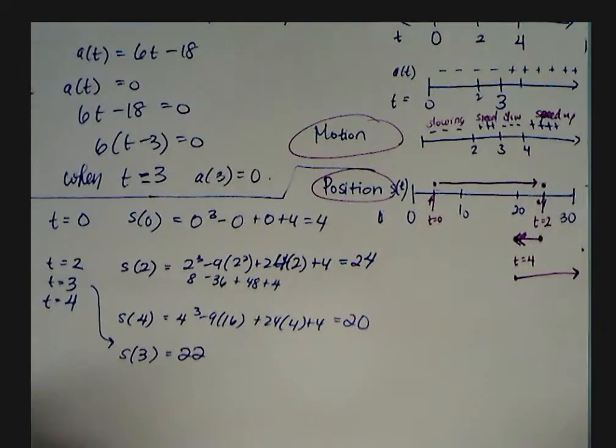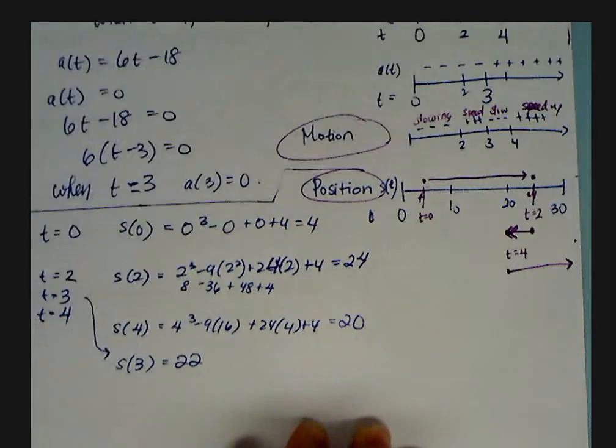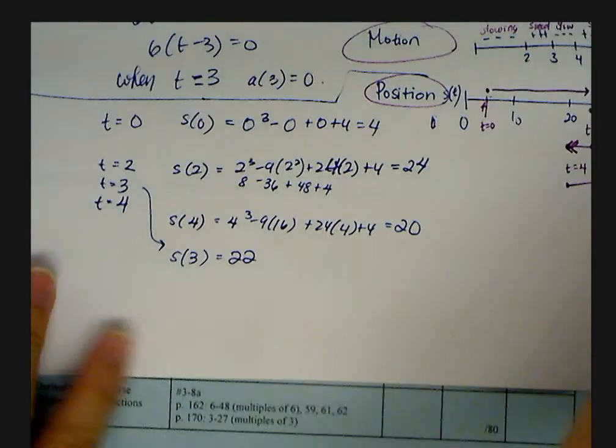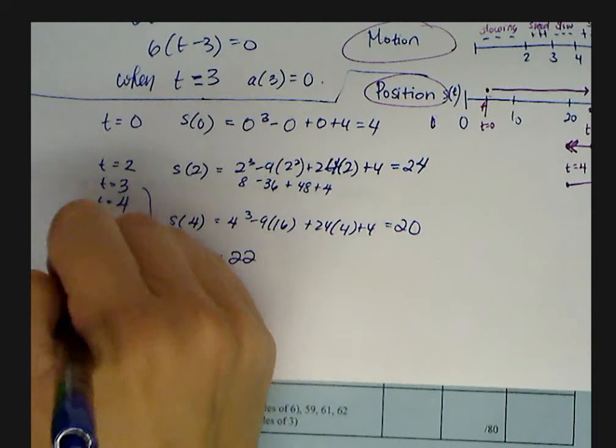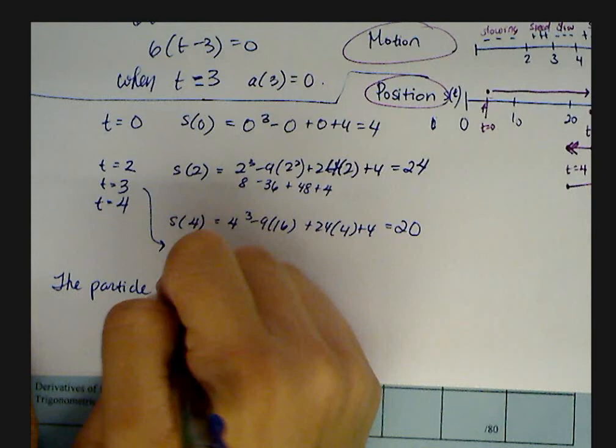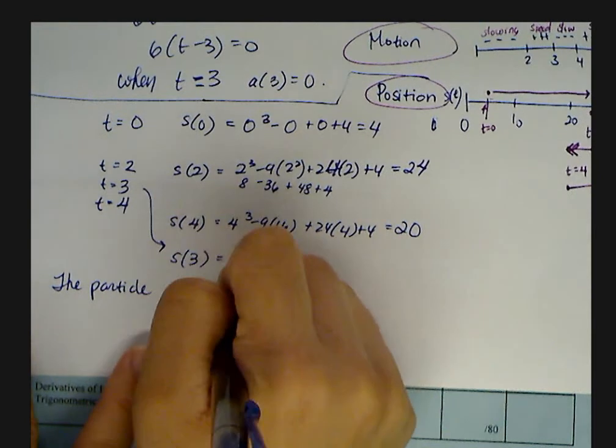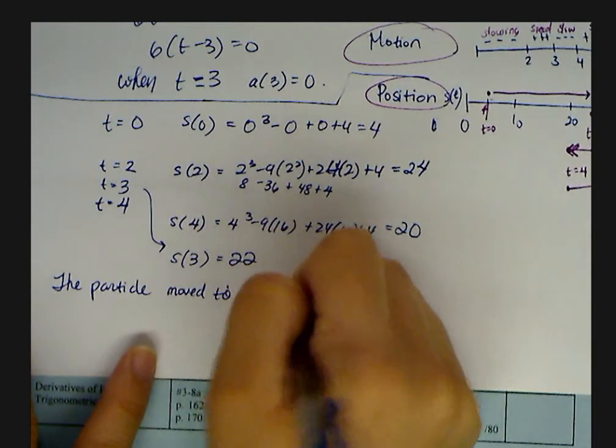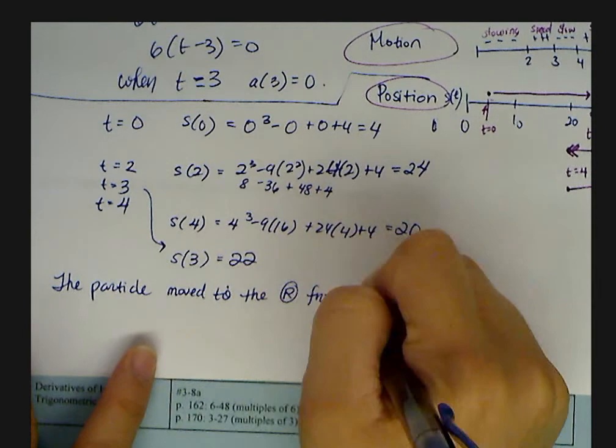But words-wise, how should we say this in words? Okay. The particle moved to the right from t equals 0 to t equals 2.